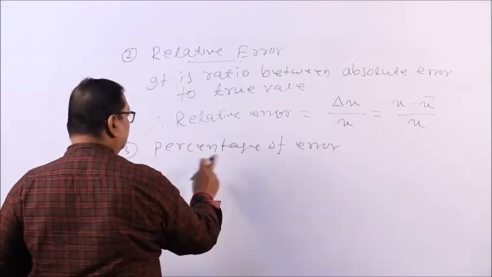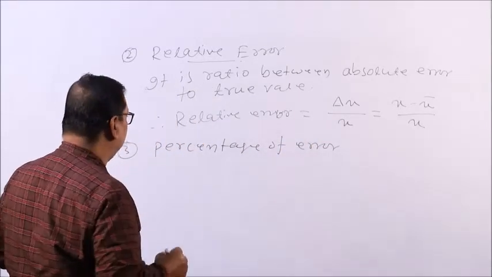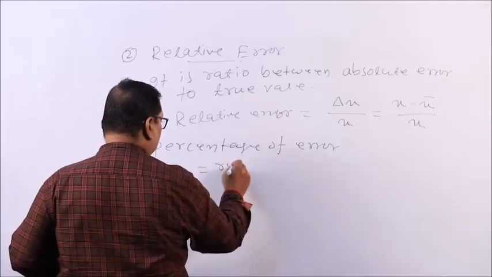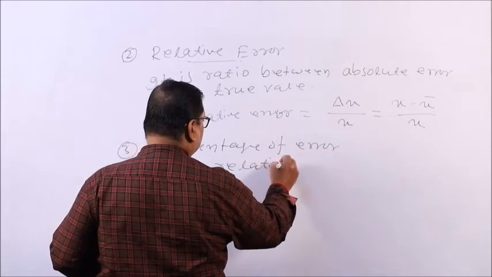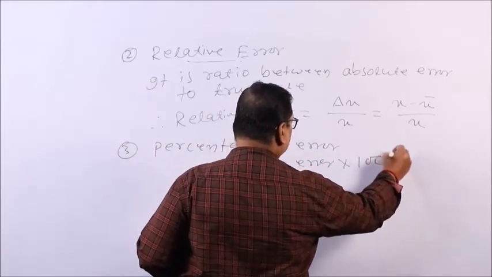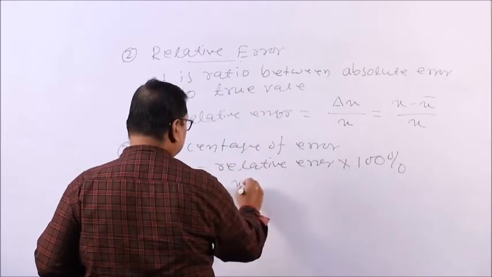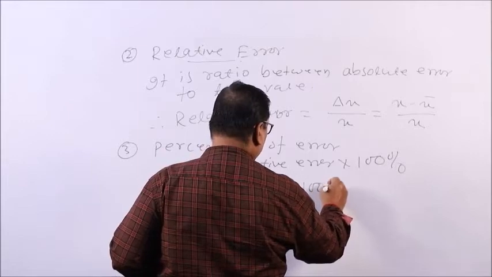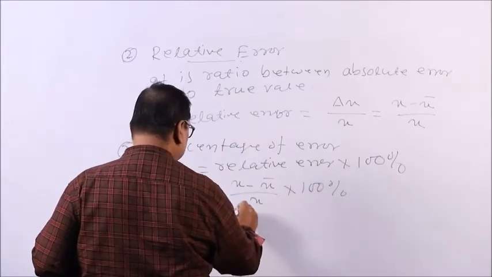We use percentage of error frequently in experiments. It equals relative error into 100 percent, that is x minus x bar by x into 100 percent.